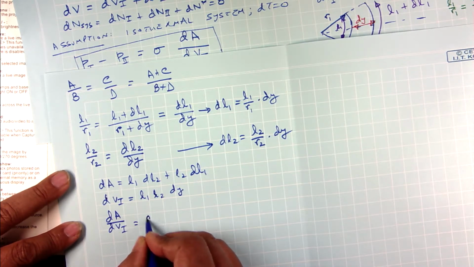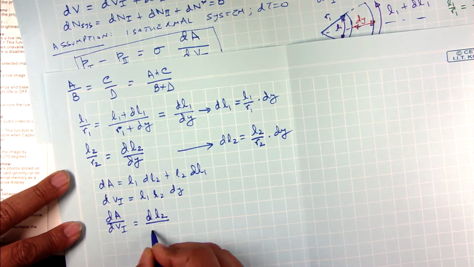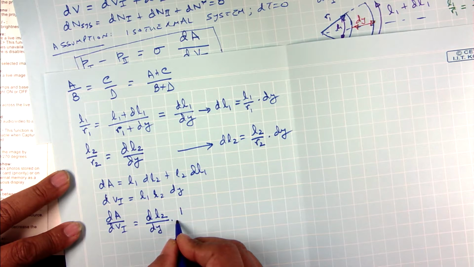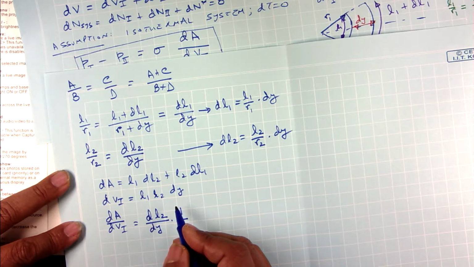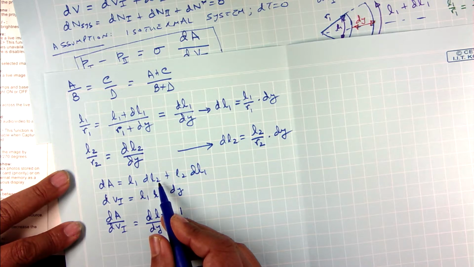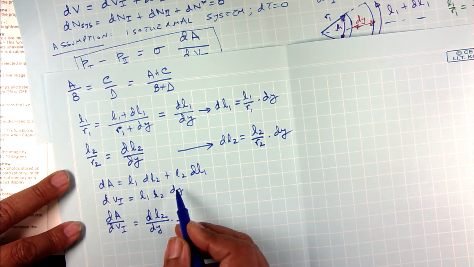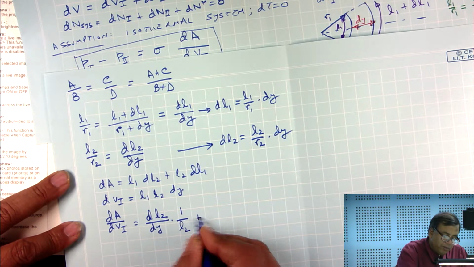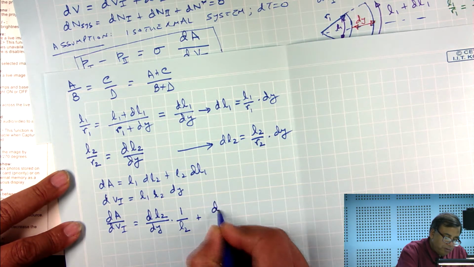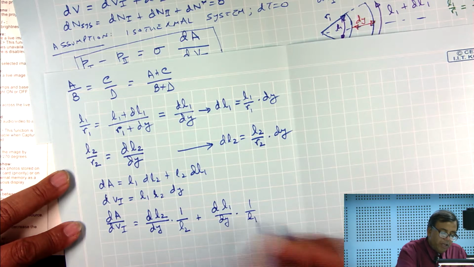So, if I substitute dA by dV1, I will end up with dL2 by dy times 1 by L2 plus dL1 by dy times 1 by L1, isn't it?